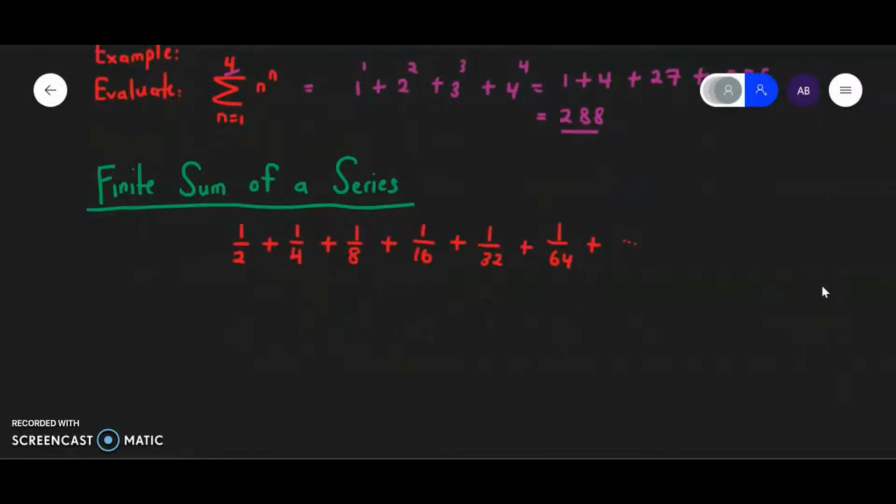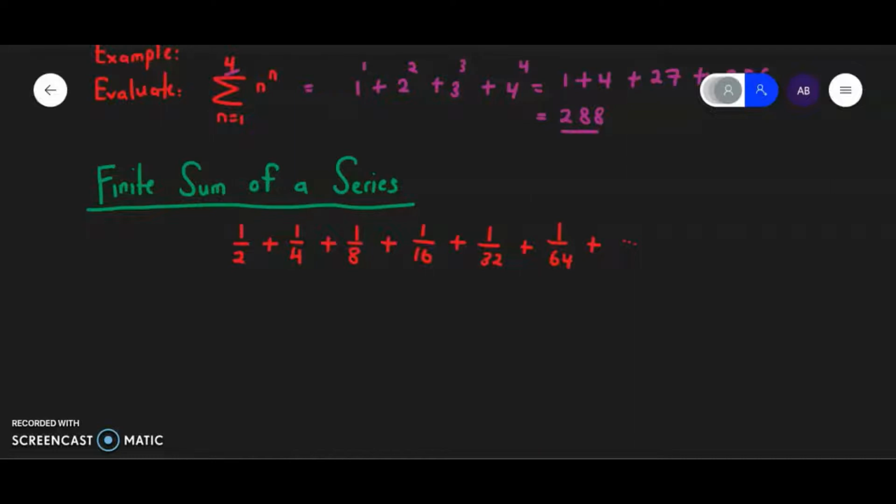Now look at this series. Why is it called a series? Because I have an addition of terms here. For every term, the first term, second term, you add them. Adding these terms gives you the cumulative sum.